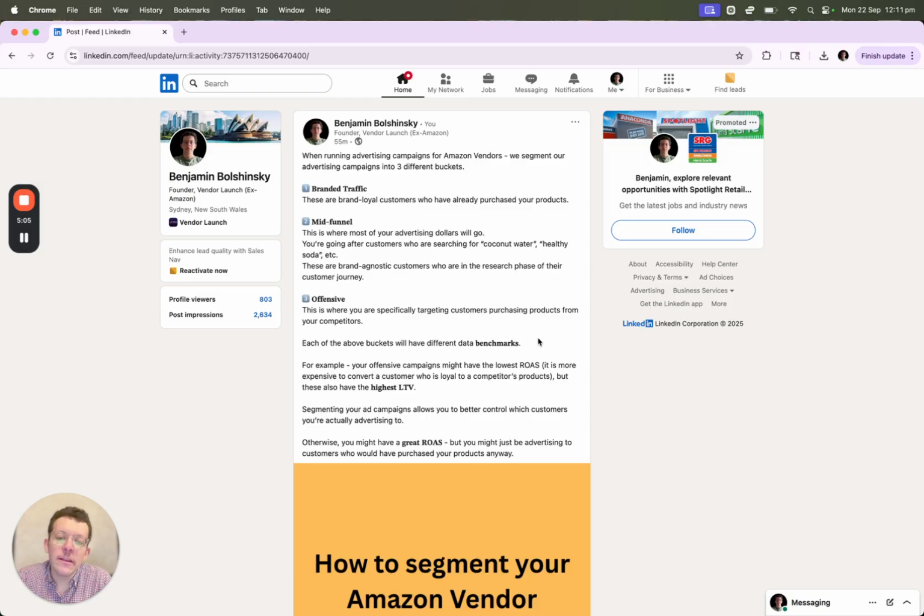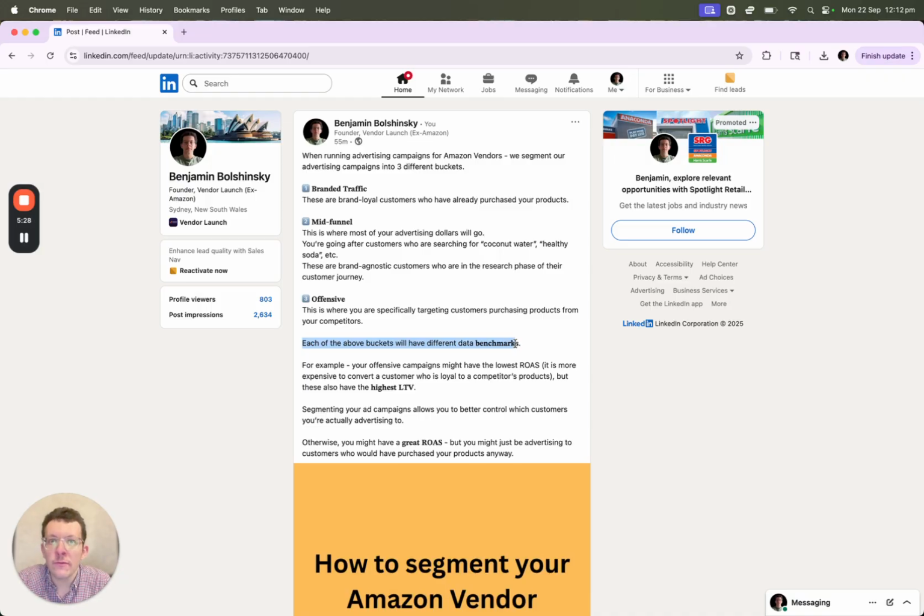But the key thing is, a lot of vendors make the mistake where they don't separate their reporting, they don't separate their data by these three buckets. Now, why this is an issue is because just because you have a high return on ad spend, that doesn't mean it's a good thing, right?